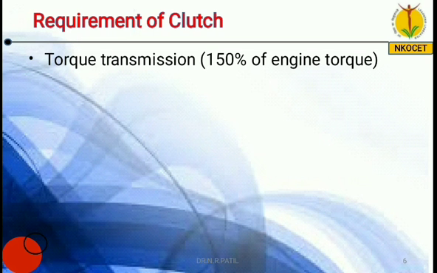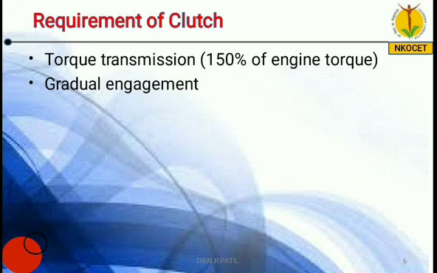Next, what are the requirements of clutch? It's very easy. The first requirement is clutch should transmit the torque. When I say it should transmit the torque, we design the clutch to transmit 150% of the engine torque. Then it should allow gradual engagement because of its working principle, friction.